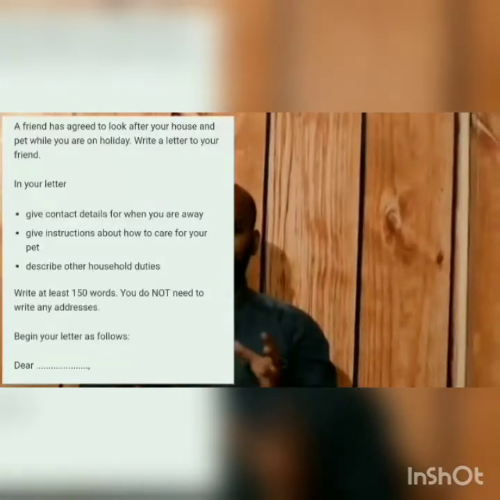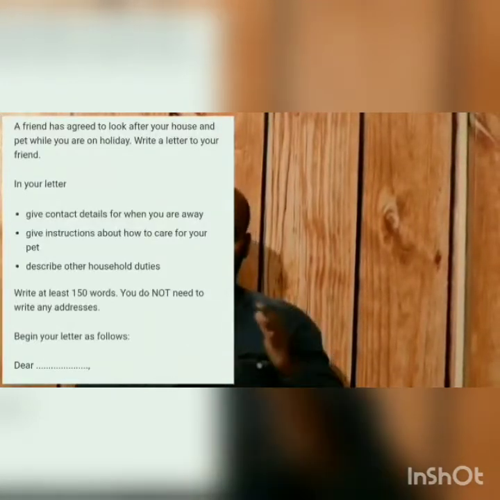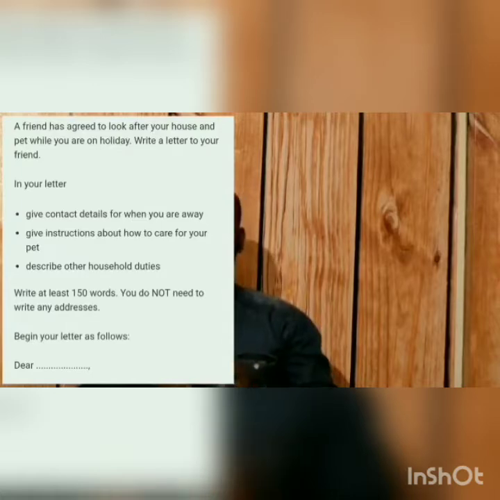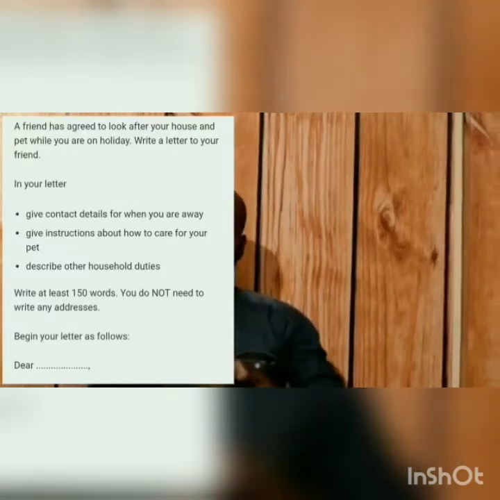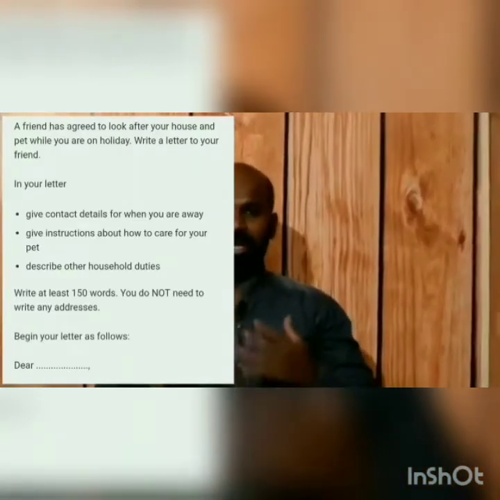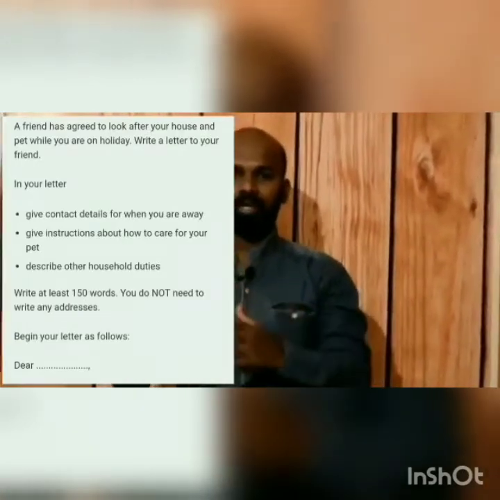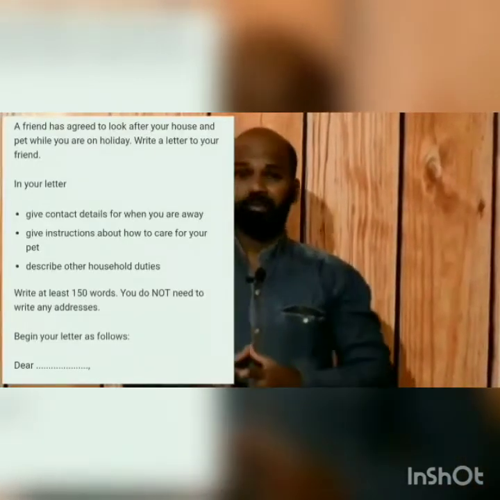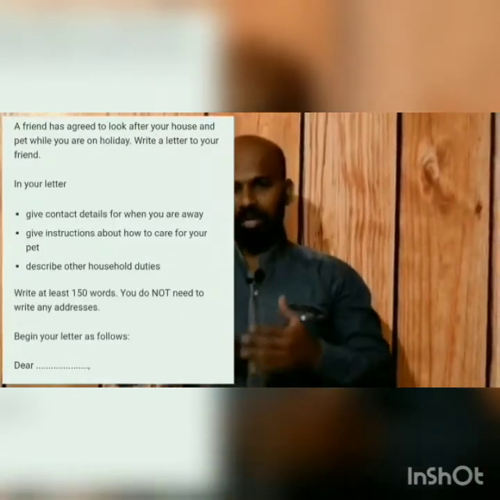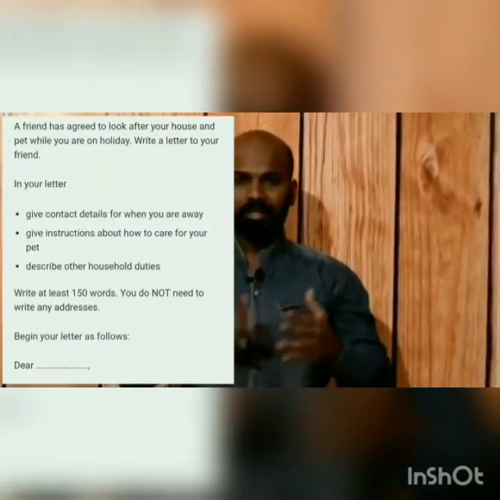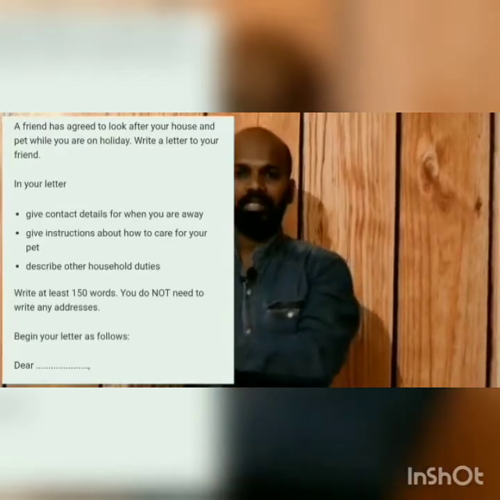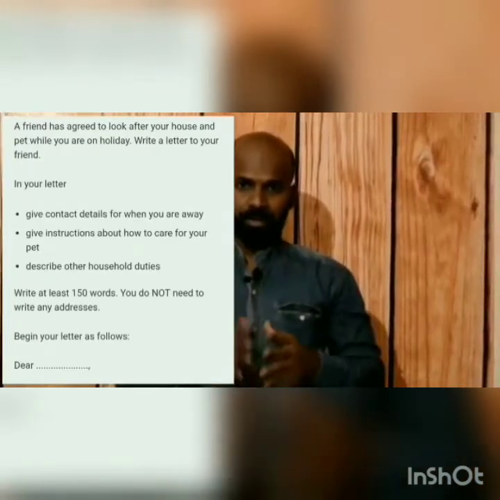So you need to arrange the details of each bullet point in 3 different paragraphs very clearly, and with language that creates a very good relation between you and your friend, because you are writing to your friend. Then you will have the instruction, like you begin your letter as follows, like Dear.